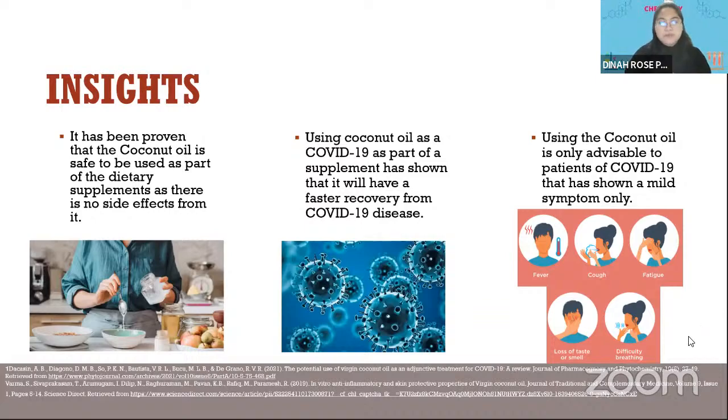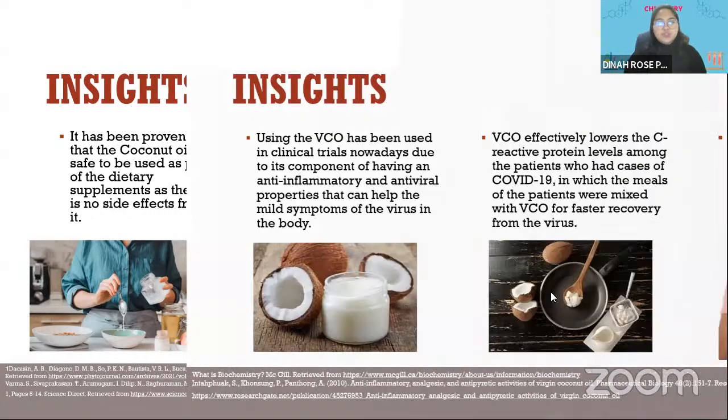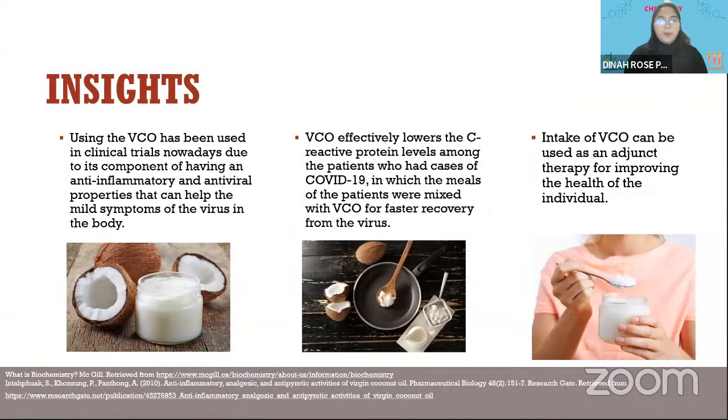Next slide, please. So VCO has been used in clinical trials nowadays due to its components having anti-inflammatory and antiviral properties that can help the mild symptoms of the virus in the body to return to normal levels. Since VCO is a processed natural oil from the fresh mature coconut kernel, it has an anti-inflammatory property which inhibits chronic inflammation by reducing transudative weight, granuloma formation, and serum alkaline phosphatase activity. It has a moderate analgesic effect on the acetic acid-induced writhing response, as well as an antipyretic effect in yeast-induced hyperthermia.